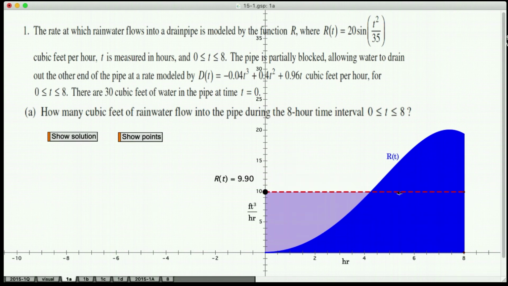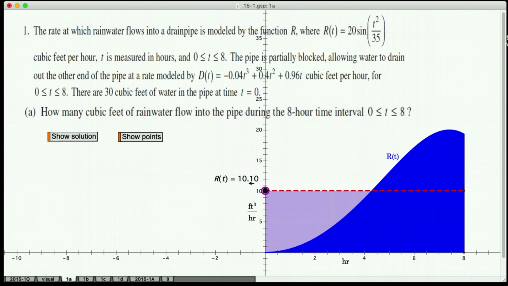This region over here is under the function, but it's not inside the rectangle. And this region here is under the rectangle, but not under the function. So if I can eye up these two and get them to be about the same size, that means the area under this rectangle would be approximately the same as the area under the curve. So like I said, it's close to 10 someplace in here.